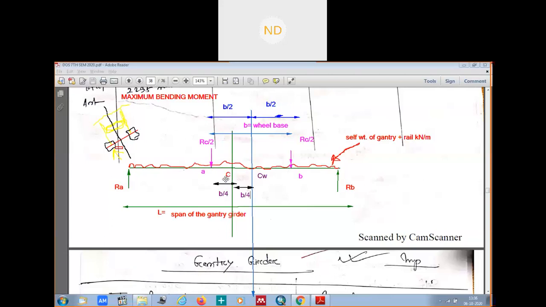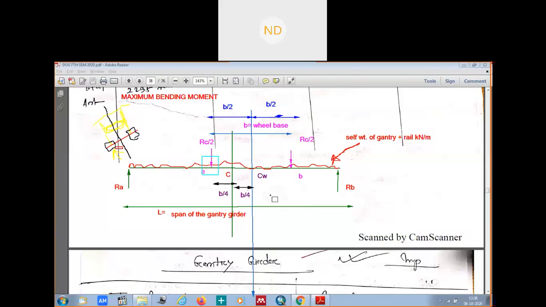So once we know these two are equal distances, here will be your maximum wheel load and your maximum bending moment, nearest to the CG of the gantry girder, at an equal distance from the CG of the wheelbase.